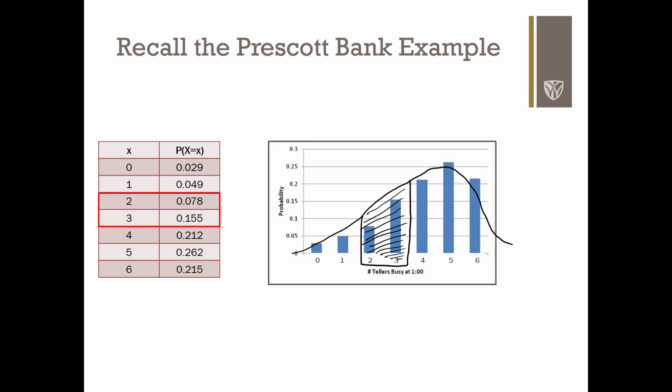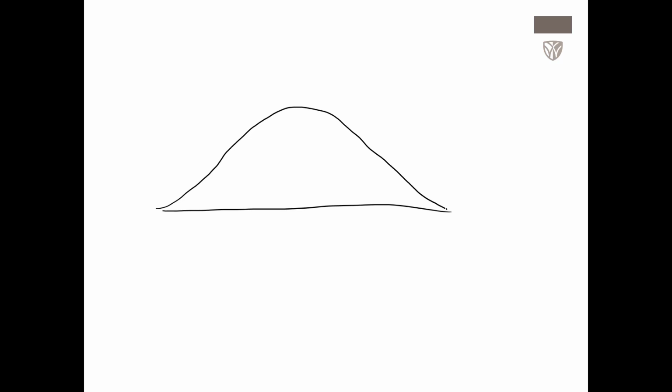Instead of having discrete bars, discrete buckets where we can just add those values up, we're going to smooth the entire thing out. We're going to draw a curve, and we're going to use that curve to help us compute probabilities. So in particular, suppose that we have a curve that looks like this, and you'll see shortly in the next lecture why we're going to use this particular form. But let's say this curve represents a probability distribution.